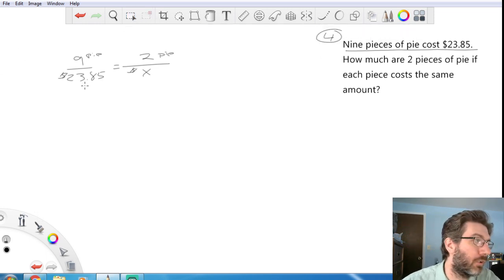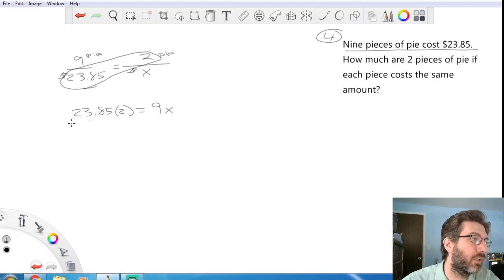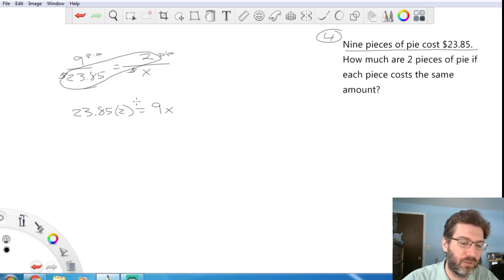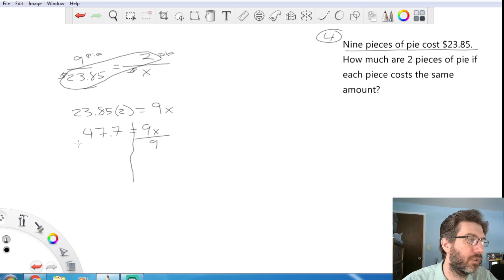And here, you're just going to cross products. So 23.85 times 2 is going to be equal to 9 times x, which is 9x. 23.85 times 2 gives you 47.7, and that's going to be equal to 9x, and again you want to get x by itself, so divide this by 9, divide that by 9, and you're getting 5.3 equals x.